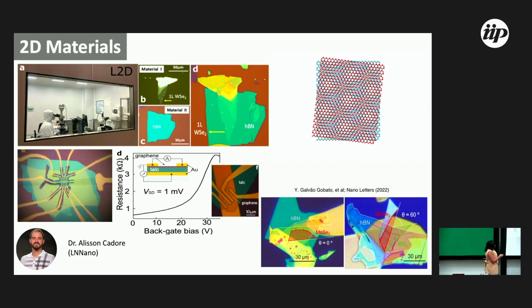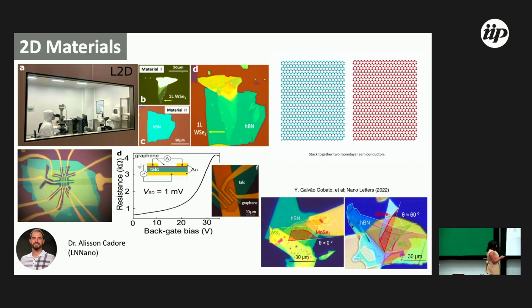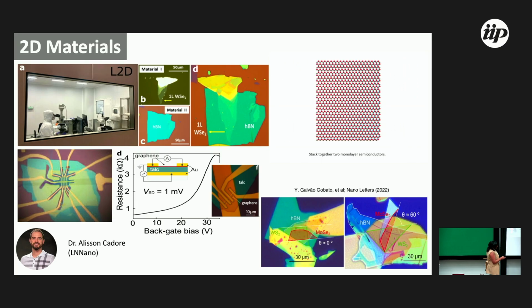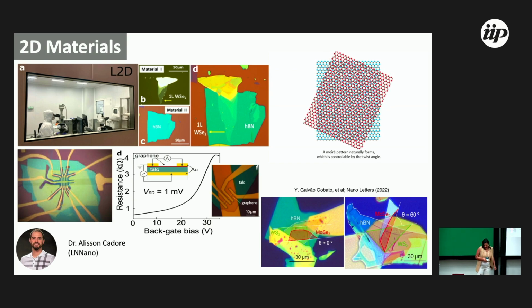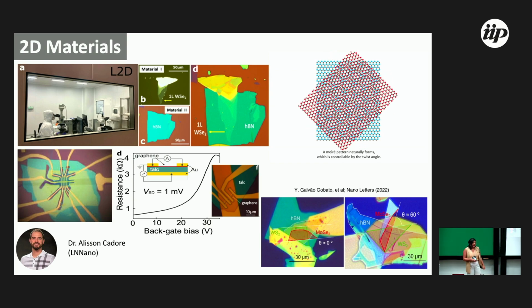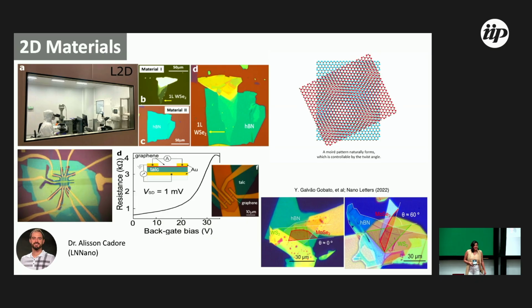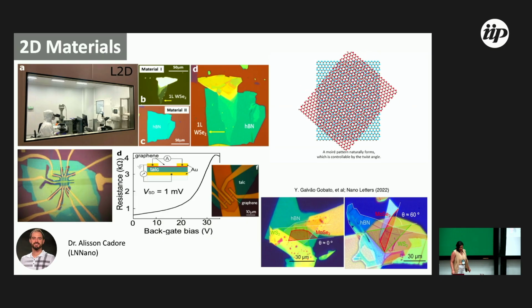And for the Moiré patterns, in this example, I can show that we have a monolayer of one semiconductor on top of a monolayer of the other, with a zero angle between them, and here the same samples with 16 degrees. I'm not saying that it's easy to do that, because Yara asked me for many samples, but it's something that we can do, let's say, easily.